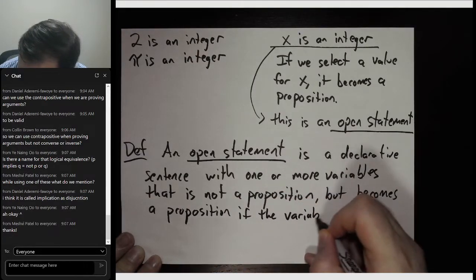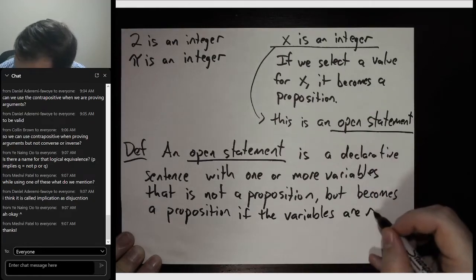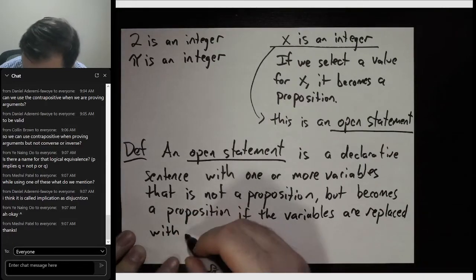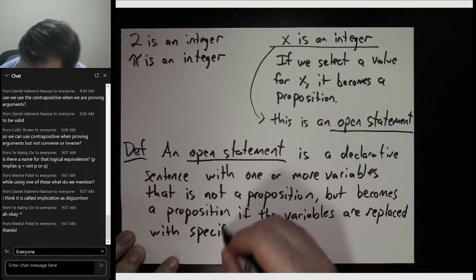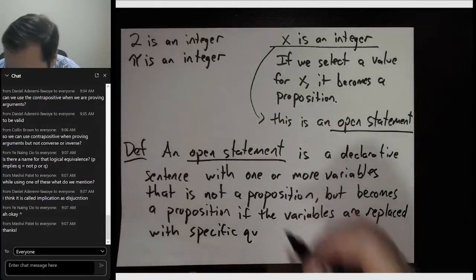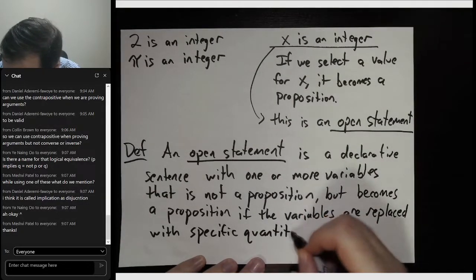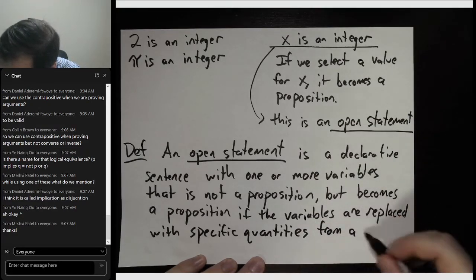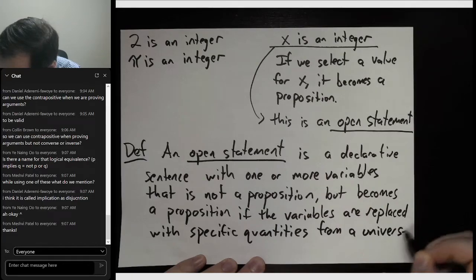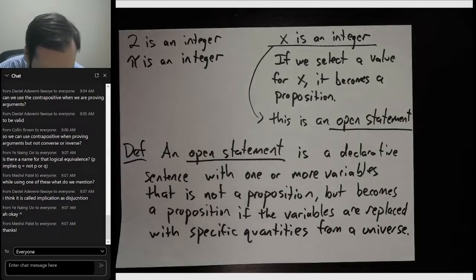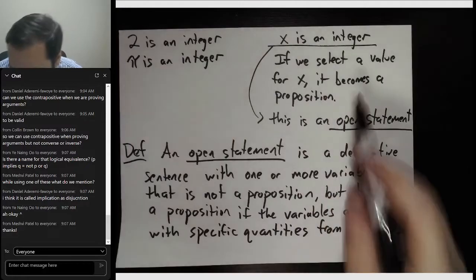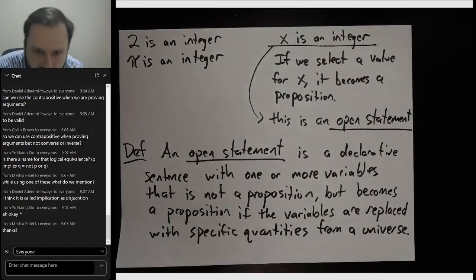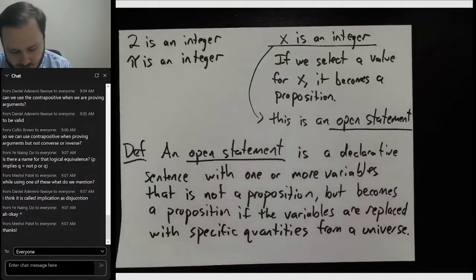The variables are replaced with specific quantities from a specified universe. Okay. So x is an integer, not a proposition. It is an open statement. If you fill in the x, it becomes a proposition.